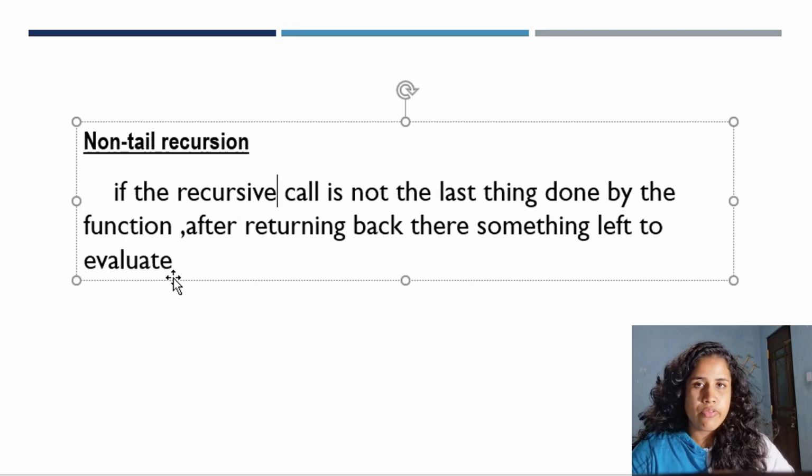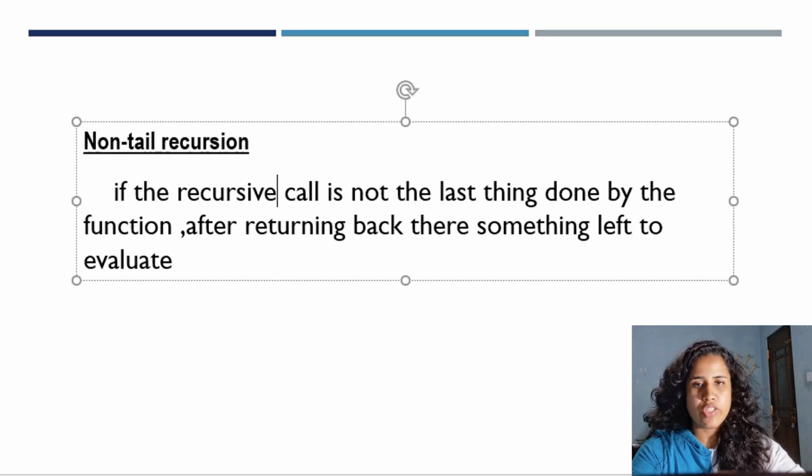In tail recursion, the recursive call is the last thing to be executed in the function, but in non-tail recursion, there is something to evaluate after returning back.